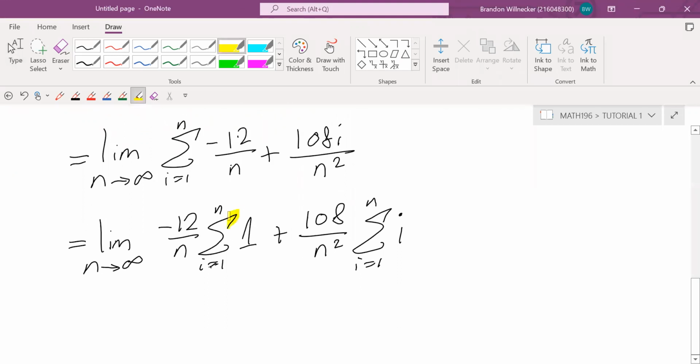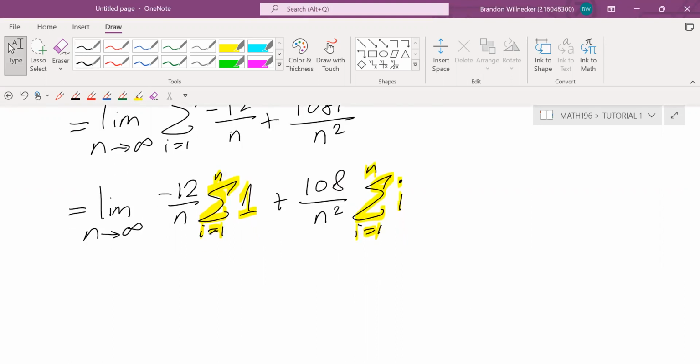Okay, so now we've got these two summations here. We can now replace these summations with their closed form expressions.